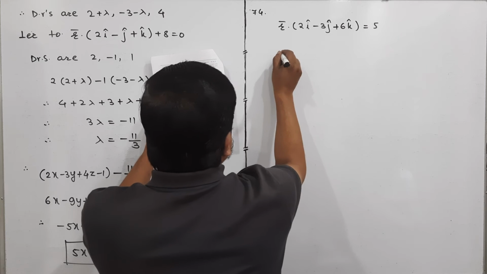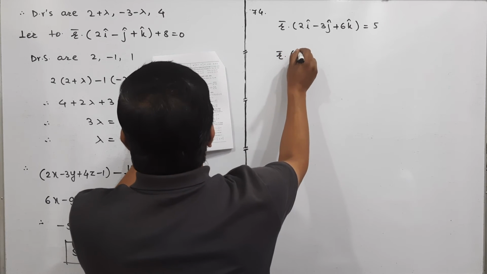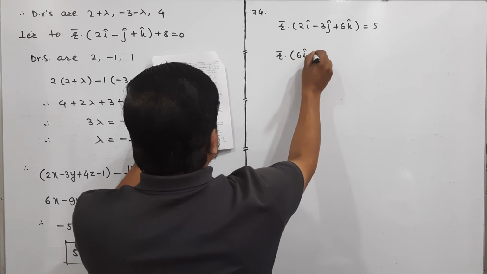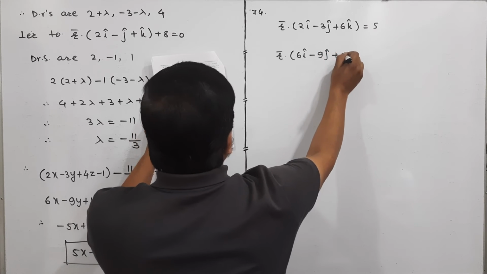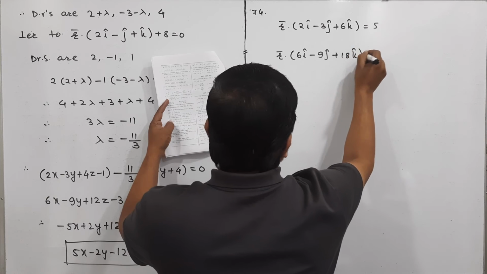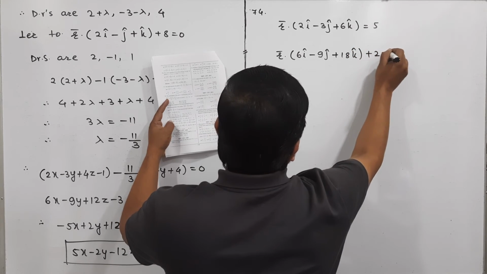Another equation of plane is r vector dot 6i cap minus 9j cap plus 18k cap plus 20 is equal to 0.